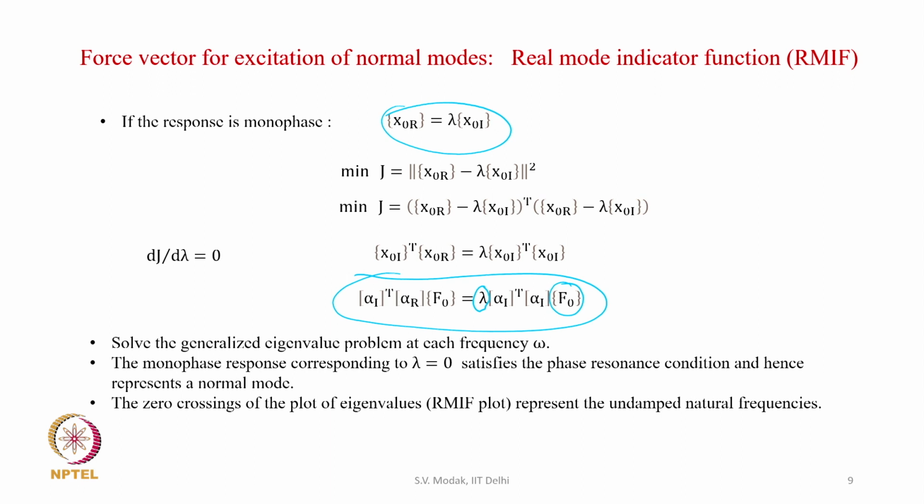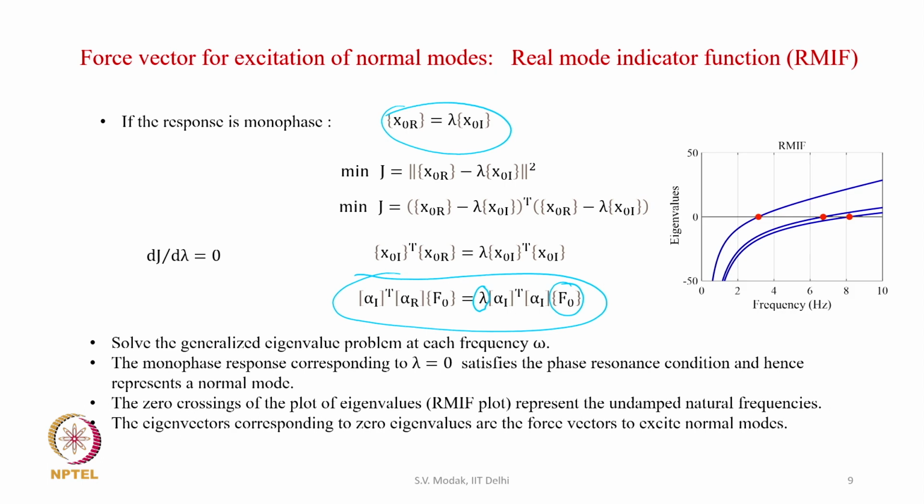So we plot the eigenvalues as a function of omega, and wherever those plots cross the 0 line, that represents the undamped natural frequency, and the corresponding eigenvectors represent the force vectors which are needed to excite the normal modes.